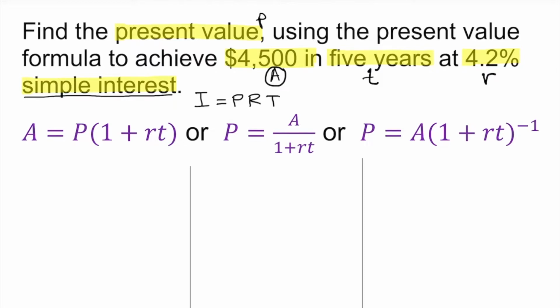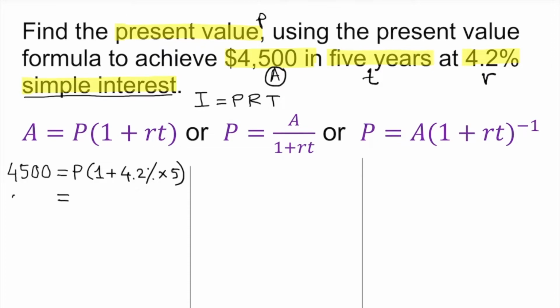I have A, 4,500, equal to P, which we don't know. The present value we are looking for, times 1 plus R, in this case 4.2% times the years, which is 5 years.